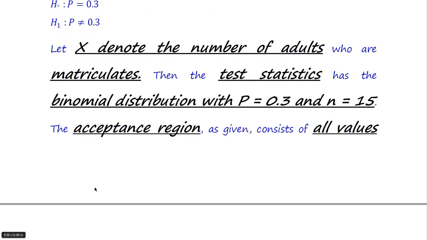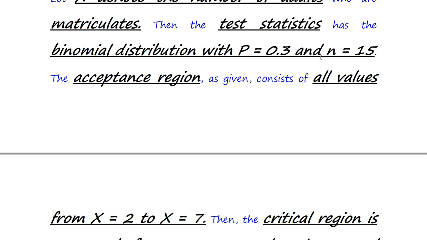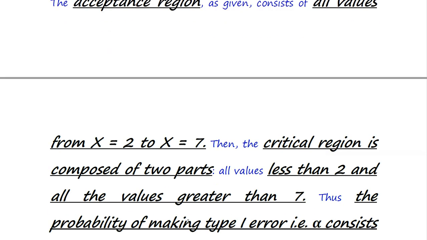So consider here the acceptance region consists of all values from 2 to 7. This is our claim that the adult population who are matriculate will be from 2 to 7. So this is our acceptance region. And the critical region is composed of two parts.